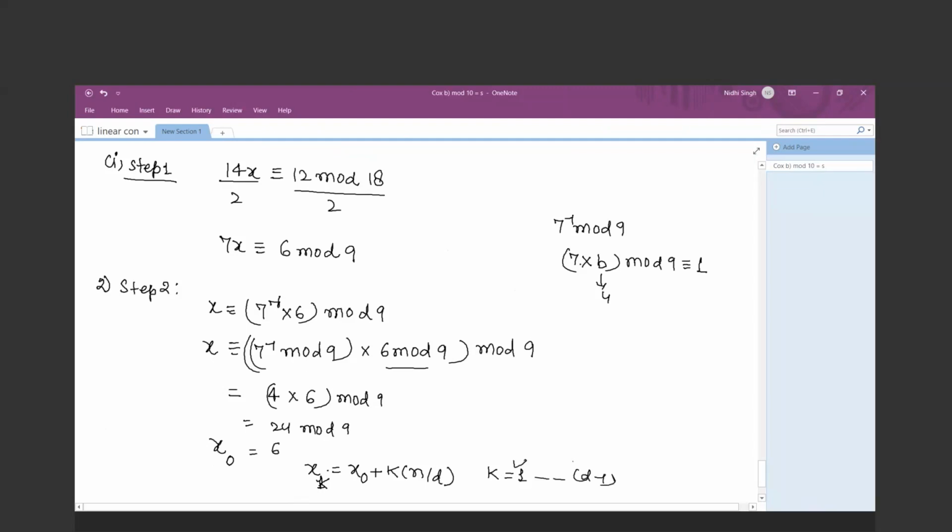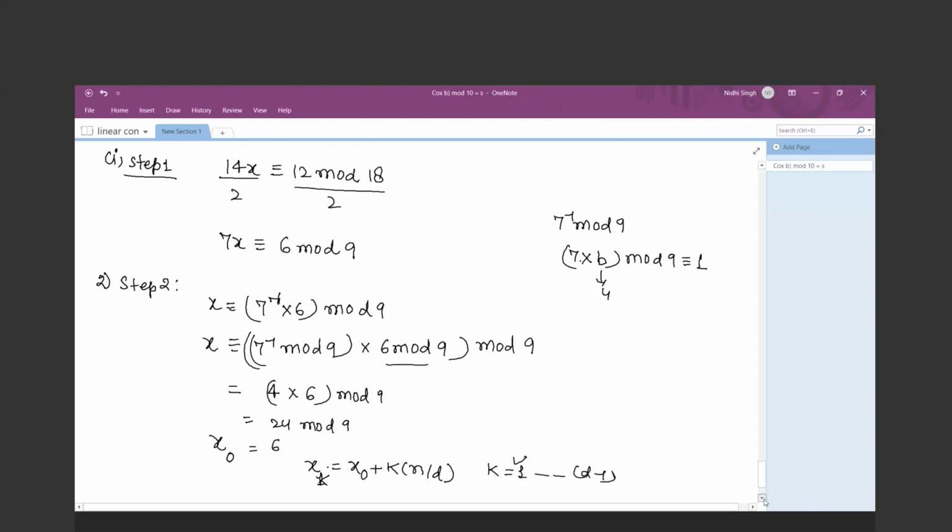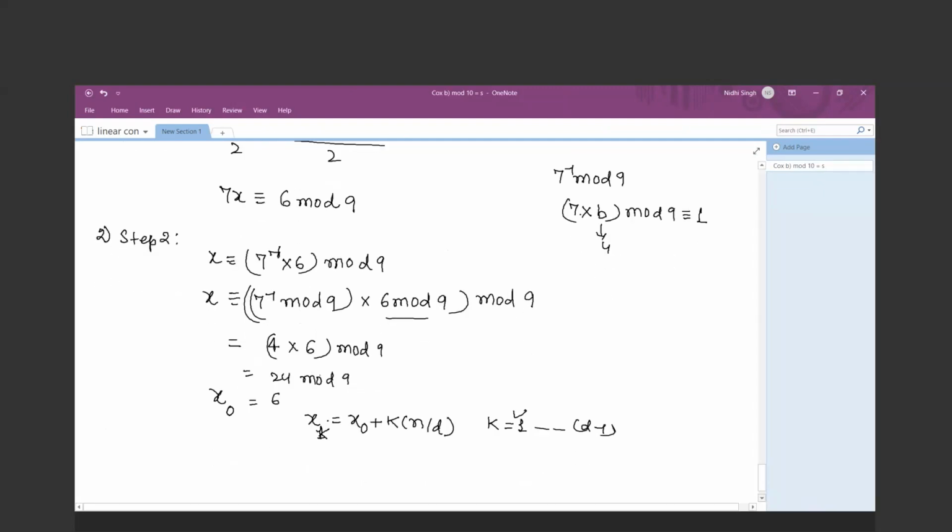So this is my first, so I will take the value of k as 1. So that is x1. What is the value of x0? That is 6. The value of k is 1. What is the value of n? The value of n is 18. The value of d is 2. So the answer will be 15.